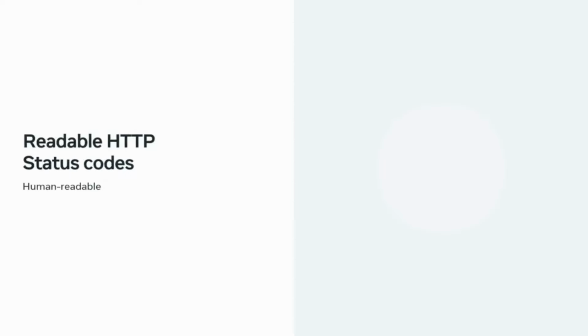DRF comes with its own request and response objects, which are wrappers of the regular Django HTTP response and HTTP request object, but offers more flexibility in processing data in and out. The status module has a list of human-readable HTTP status codes. When you use the status module from DRF, you don't need to send status codes like 404 or 200 with your responses.